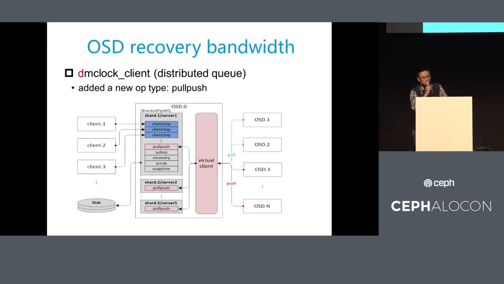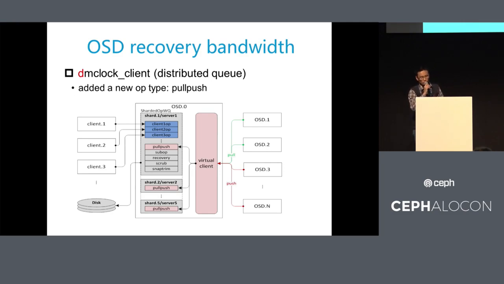Then, based on the 2 queues mentioned above, we introduce a new dmClock queue here, which is also sharded OP work queue type. For the OSD that receives recovered data from others, we added a new pull push OP type and a virtual class for them.